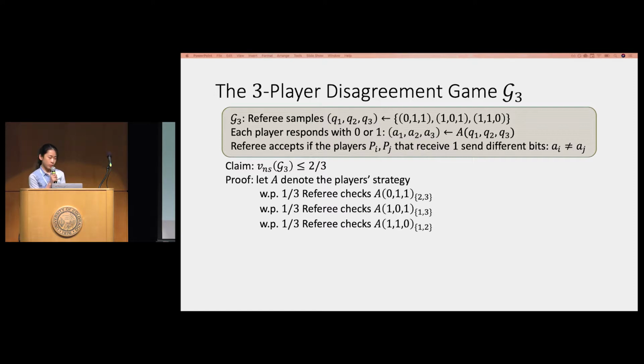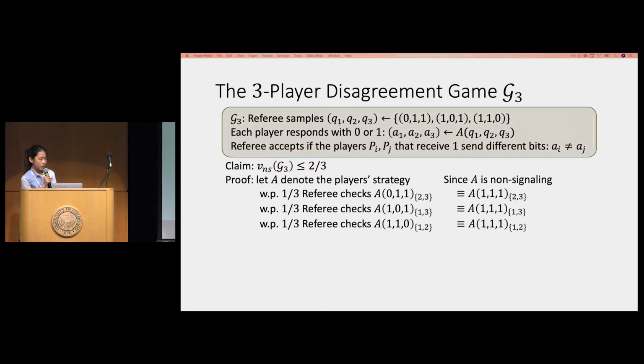Similarly, with probability 1/3, the referee will check the 1-3 marginal of A on 101, and with probability 1/3, he'll check the 1-2 marginal of A on 110. But since A is a non-signaling strategy, these three marginal distributions have to be the same as these three corresponding marginal distributions on A of 111. This simply follows from the non-signaling constraint.